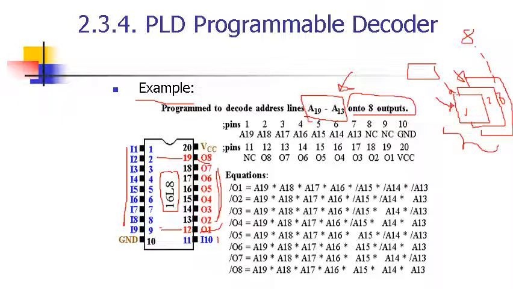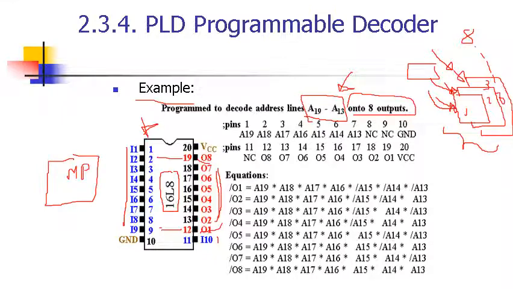So we need a low signal to go through a line connected to the first chip. Another low signal goes to the second chip if we need any memory access there, and so on. A third low signal goes to the third memory chip, and so on. So we need to connect 8 different memory chips through this 16L8 to enable them to communicate with your microprocessor.